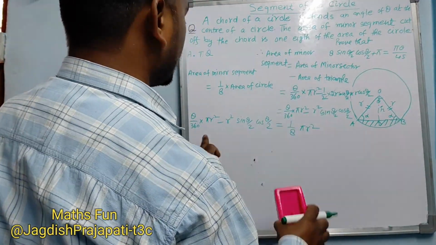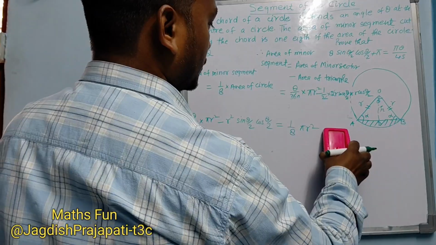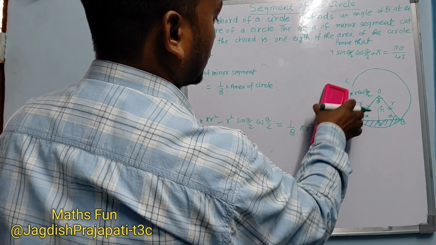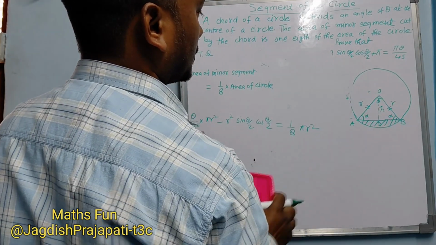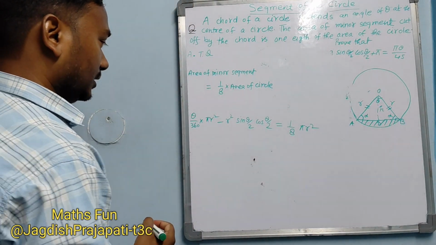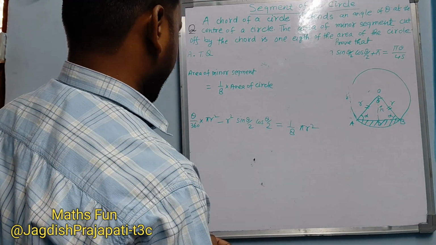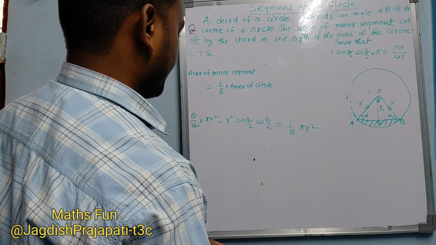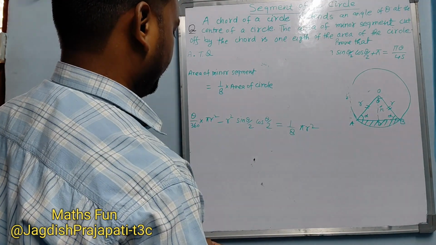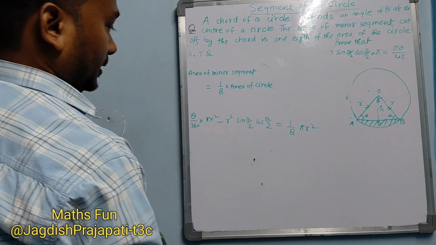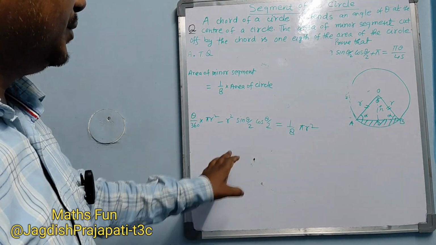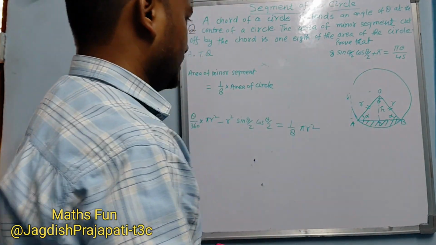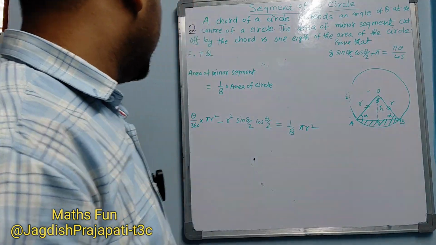Okay, so I have used this now, so I am going to erase this so that you may not get confusion. If you see in the proof, here we have 8 sin theta cos theta, and this is 45.